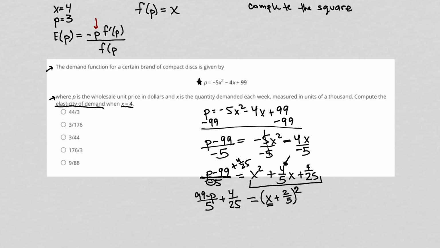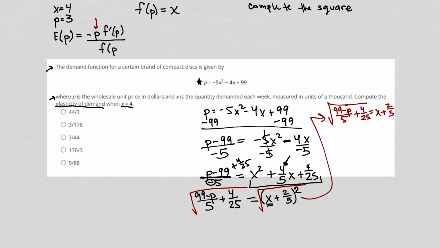Well, now I can take the square root of both sides of this equation. My left-hand side is the square root of 99 minus p over 5 plus 4 over 25. And this is going to be equal to just x plus 2/5. And hopefully you start to see that this is why we did all that work, right?